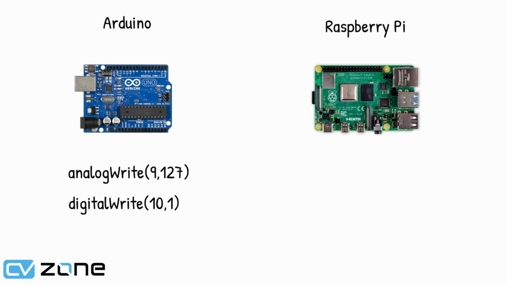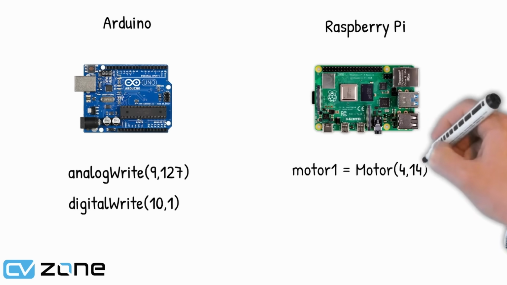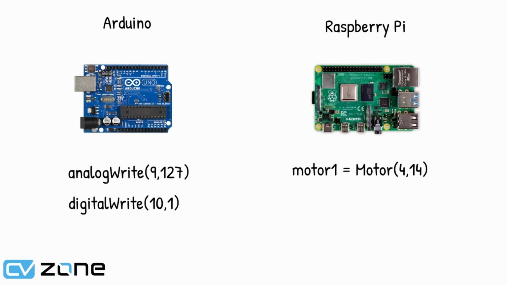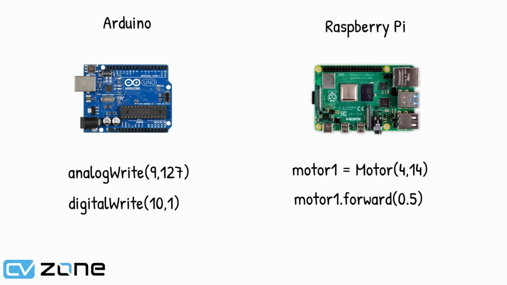In Raspberry Pi, the GPIO Zero package contains the Motor module that allows easy use of the PWM. After specifying your motor pins, you can simply type forward or backward with the value ranging from 0 to 1.